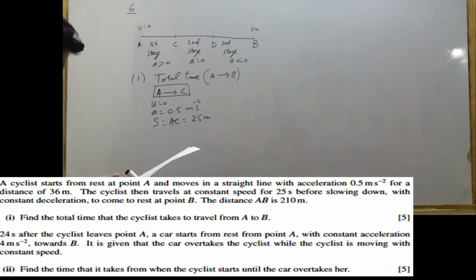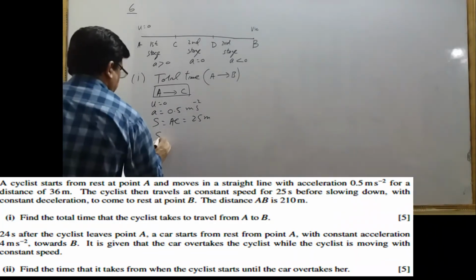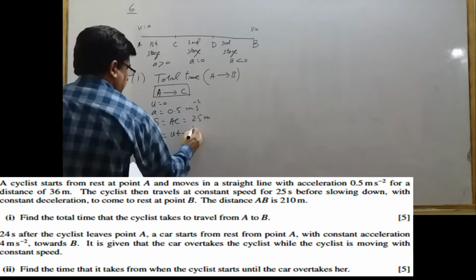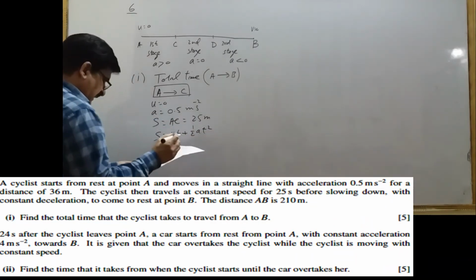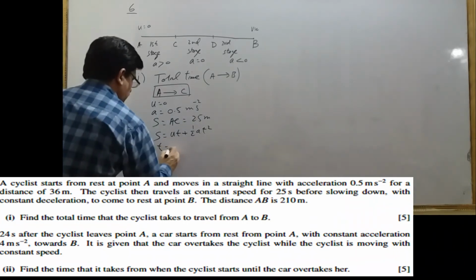From here you can calculate time easily by applying the formula S is equal to ut plus half at square. Now put these values, you will get the value of time to be 12 seconds.